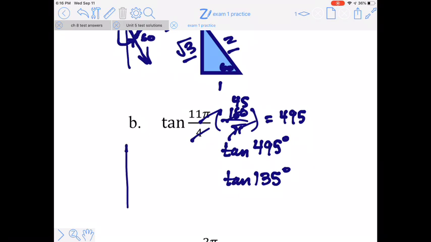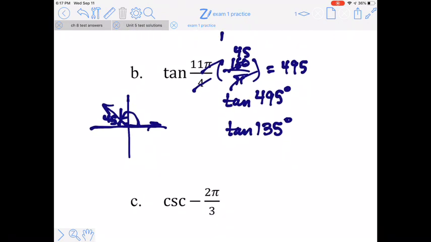And now we do reference angles. If you want to draw a diagram of that angle, 135 degrees would put it smack dab in the middle of quadrant 2 right here. That's 135 degrees. It's in quadrant 2, yep. So then the reference angle would be the difference between the terminal side and the x-axis. So if we're at 135 degrees and we need to go to 180 degrees, the difference is 45 degrees.